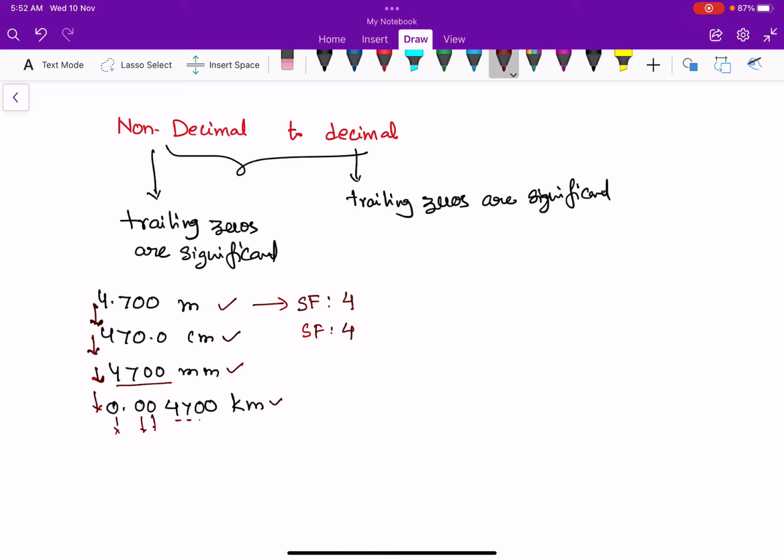Now counted and counted. How many? This is 4, right? So now you understand; how many significant figures for this is left to you, this is your work. Okay, so how to change one system of unit to another system of unit, you can find out. Clear?